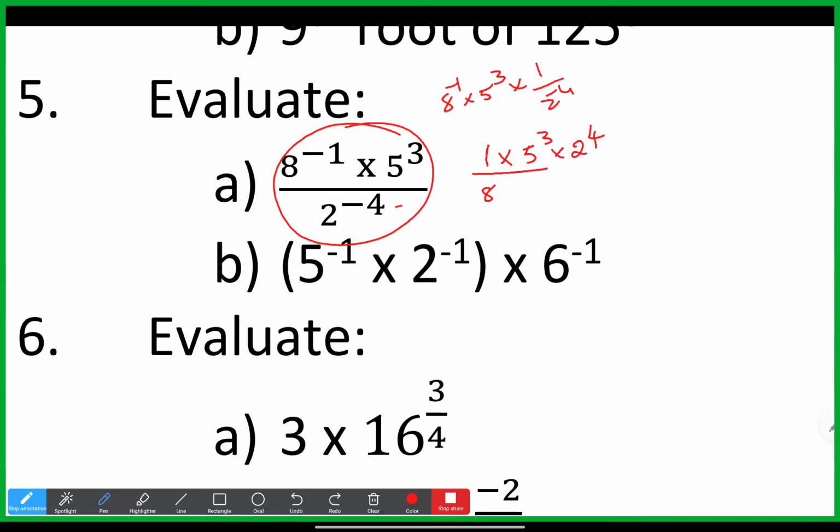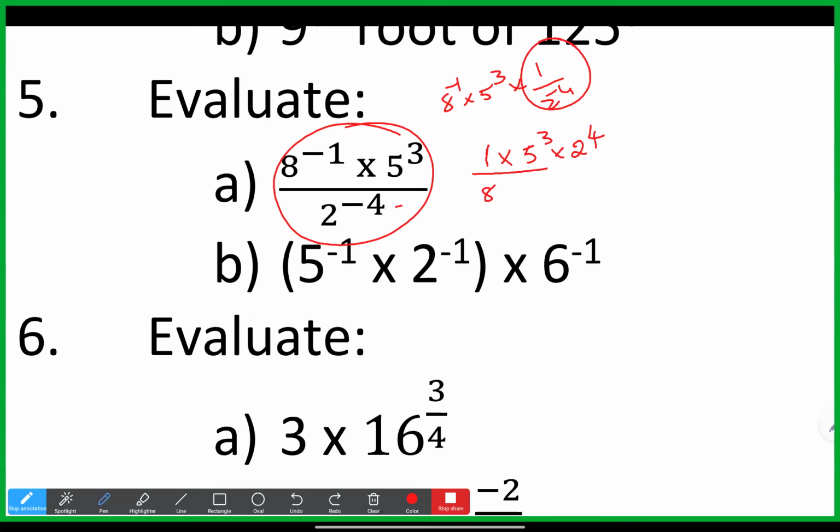Both are the same only. Club them also, you can write a common denominator. So this 1 by 2 power minus 4 will become 2 power 4 if I write it reverse, because if we take it to the numerator, it will become positive. 8 power minus 1 becomes 1 by 8. Yes, sir. This is short.